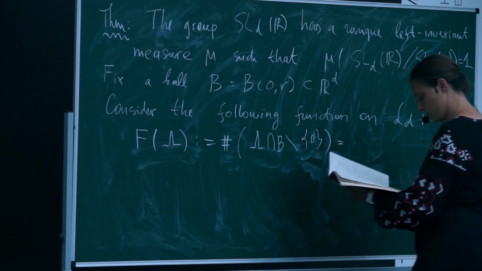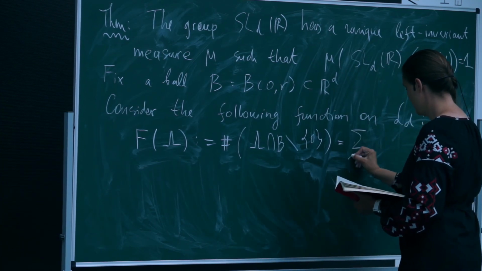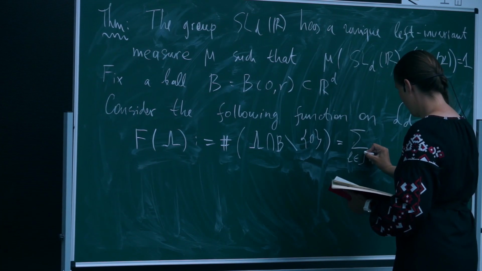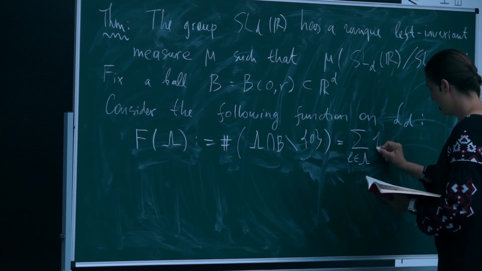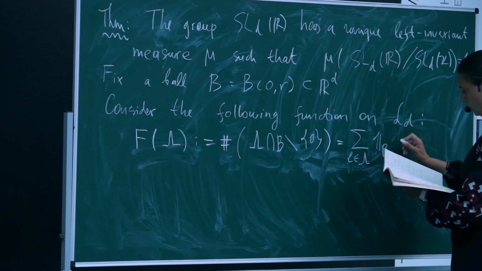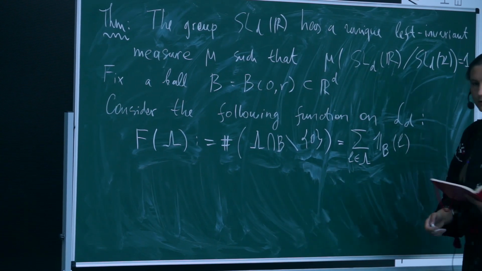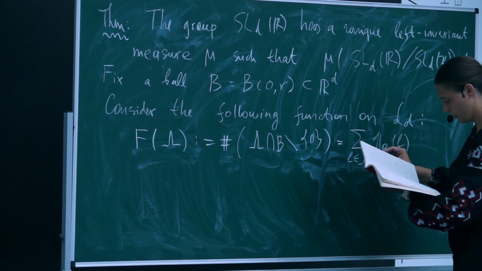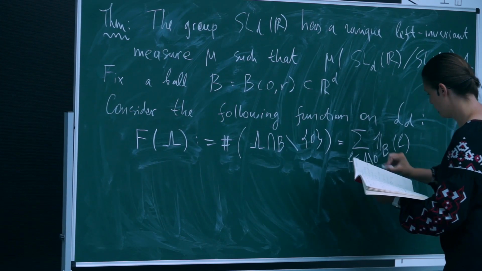Another way to see this is that we are taking a sum over all elements of our lattice, computing the value of the indicator function of the ball at this point, and we are counting over all non-zero points of the lattice.